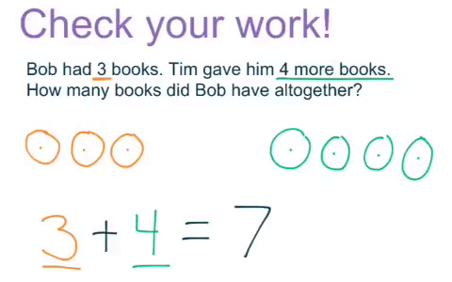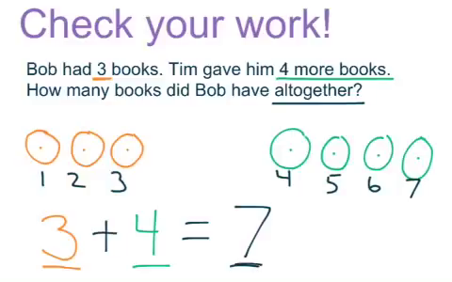How many books did Bob have all together? 1, 2, 3, 4, 5, 6, 7. Since all my numbers match, I know I've done all of my steps correctly. Every single time your students solve a word problem, make sure they follow those 5 finger steps.